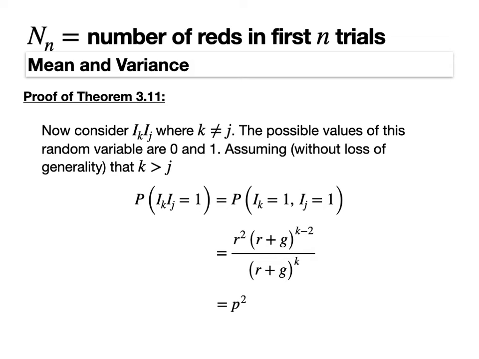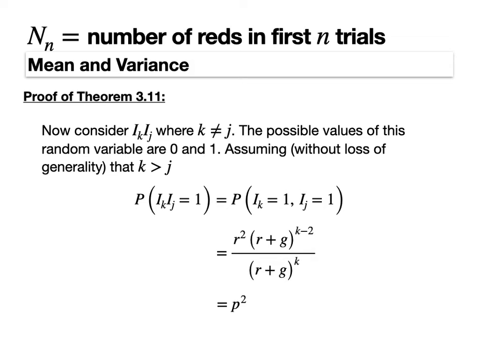So to think about what that product is, just think about the event that I_k times I_j equals 1. The only way that could happen is if I_k is 1 and I_j is 1 simultaneously, right? And we can compute that probability pretty quickly because, just think about a color sequence of length k in which the last entry is red and also one entry before is known to be red.